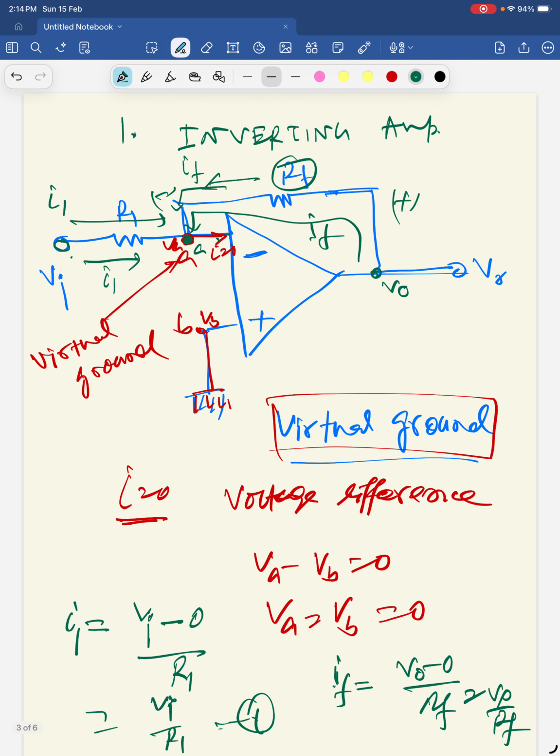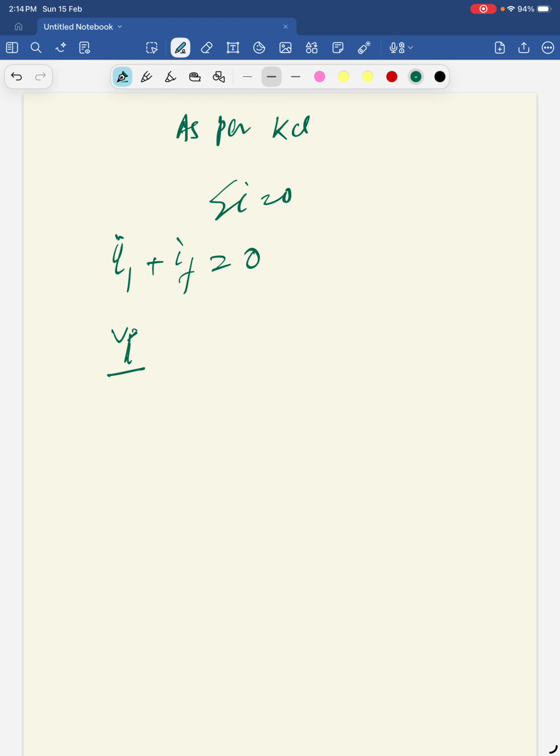That is Vi by R1, plus IF, which is V0 by RF, equal to 0. So Vi by R1 is equal to minus V0 by RF.